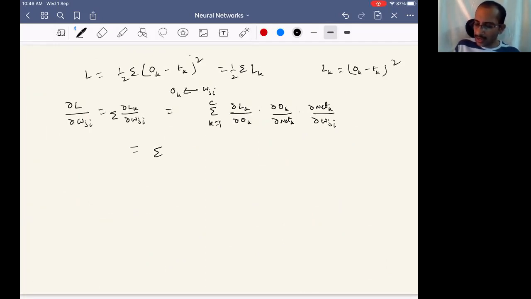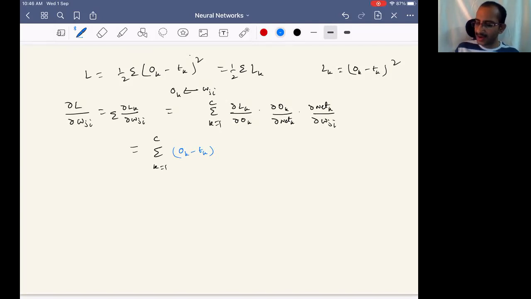Can you quickly tell me what these different terms are? Dou Lk by dou Ok is how much? It is Ok minus Tk. And what is the second term, dou Ok by dou net k? Both are scalar relations.